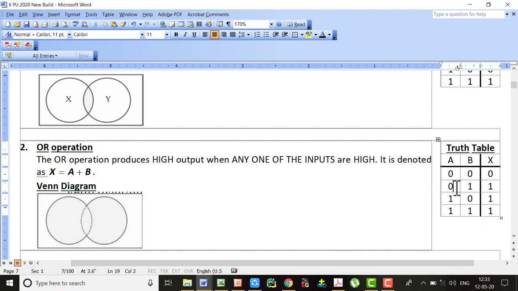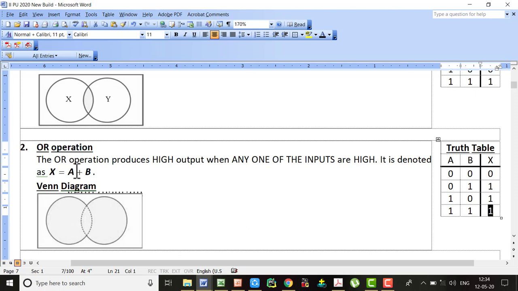For example, for this one I can say, since there is a high input, the output is 1. For this input, since there is one high input, there is high output. For this one I can say, since both of the inputs are high, the corresponding output is 1. Okay, I hope you understand.